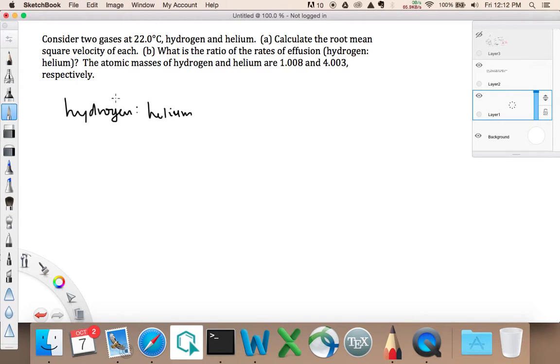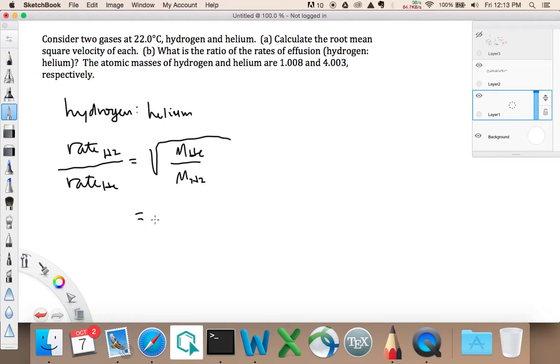The ratio of the rates is going to be this: the rate of H2 over the rate of He. Okay, so this is going to be the molar mass of He over the molar mass of H2, which is going to equal 2.016.